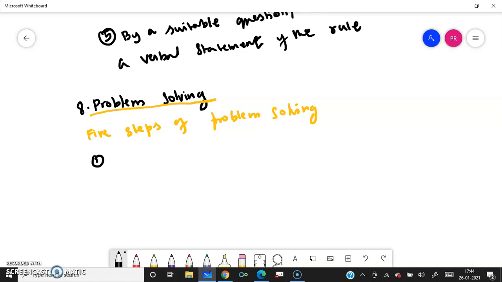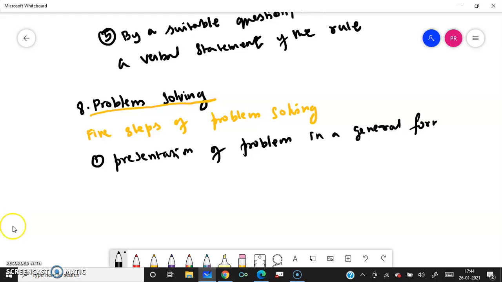The first step is presentation of the problem in a general form. The second one is to restate the problem into an operational definition.